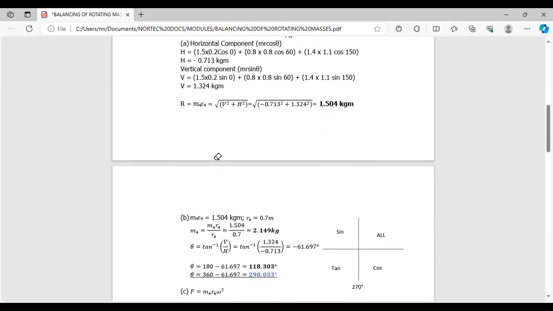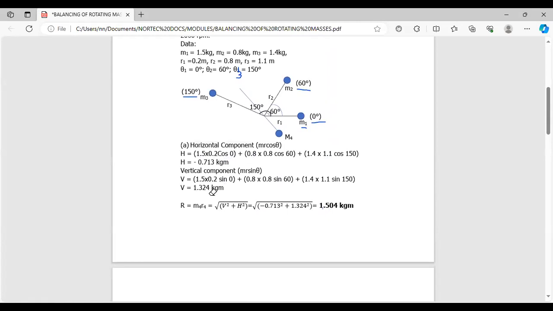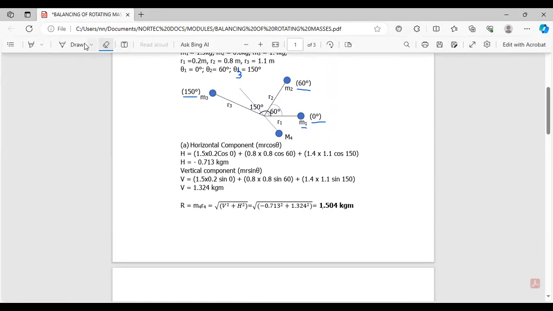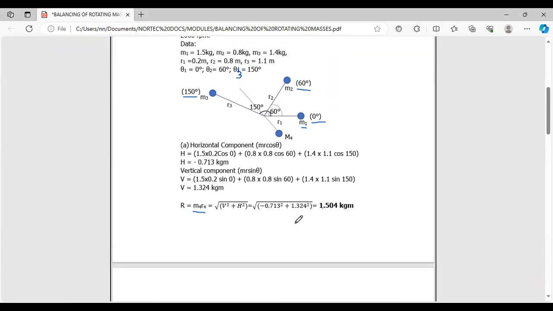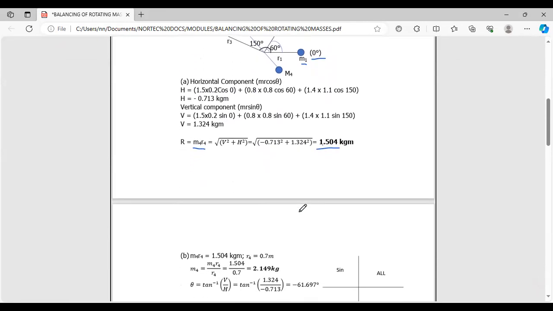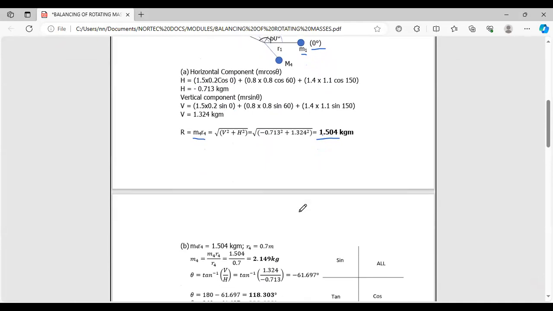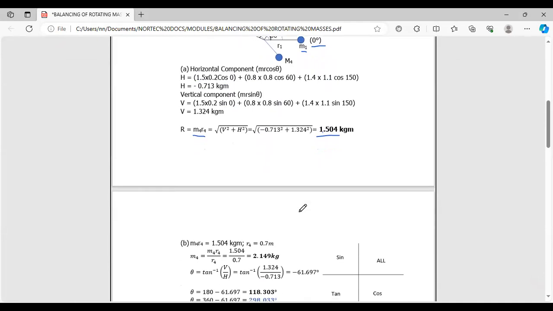So here, we've said the resultant or out of balance, which is represented by the product of mass 4 by radius 4, M4R4, right here, is 1.504. Let's go back again and check our working. In our working, we have R4 at 0.7 meters.